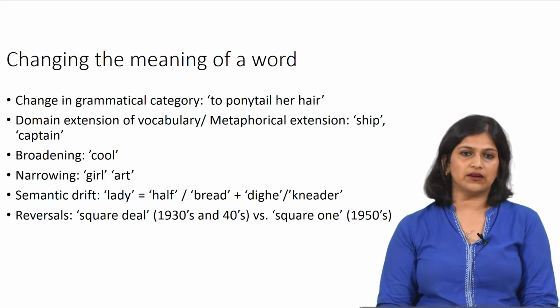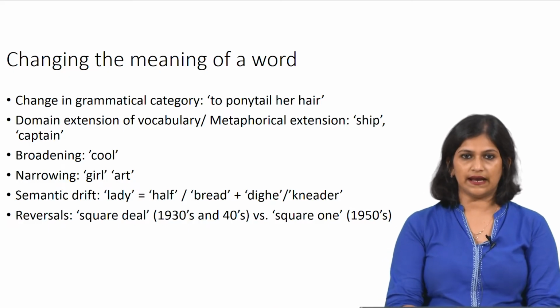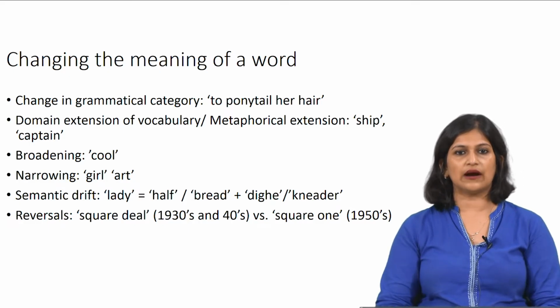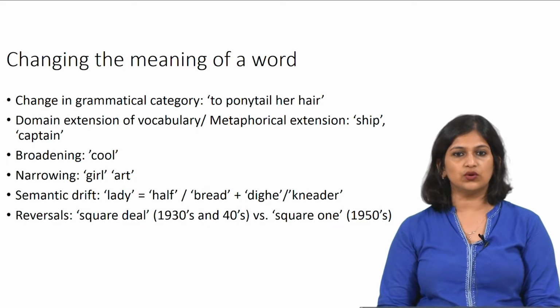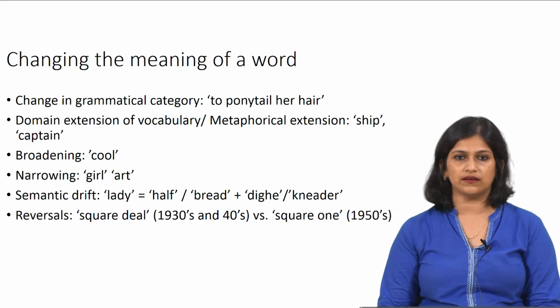Then there is something called semantic broadening. When we say broadening, earlier it had a very limited scope of meaning, now it has been widened enough. So, let us say cool. Cool as a word does not restrict itself to only the meaning related to dipping of the temperature. Not really, that does not happen here.